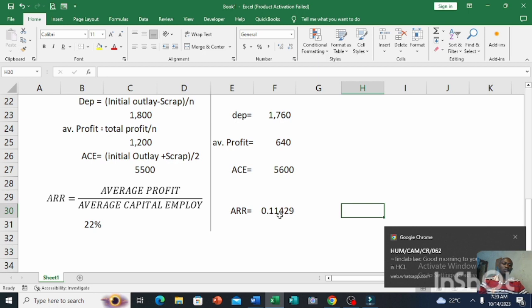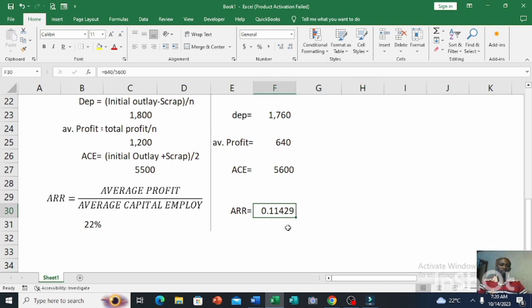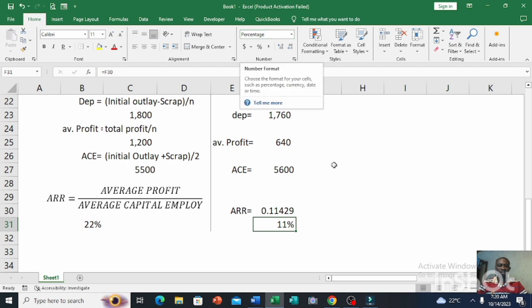So our ARR equals this, right? And in percentage, it will be 11 point something, so 11.4%. They have just rounded up, please. So 11%, which is 11.4. Let me see. It's at least 11.4% or 0.43%.